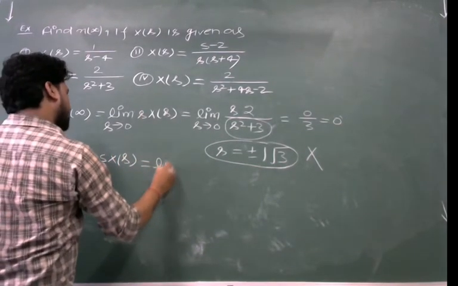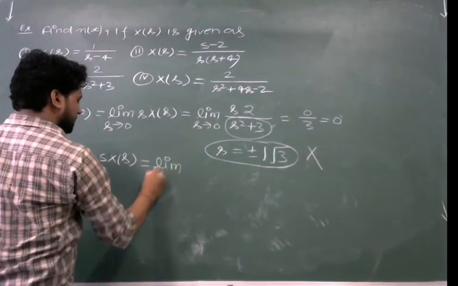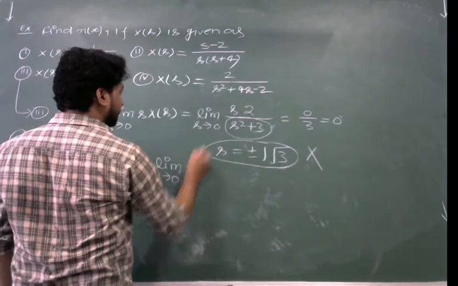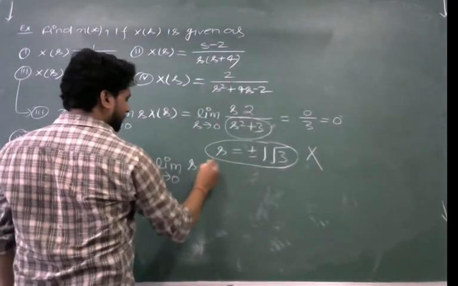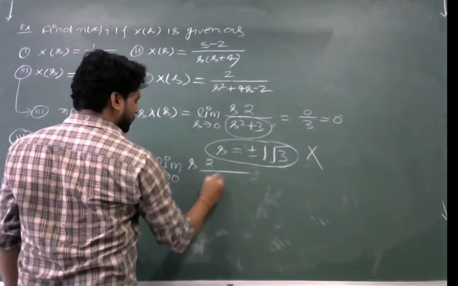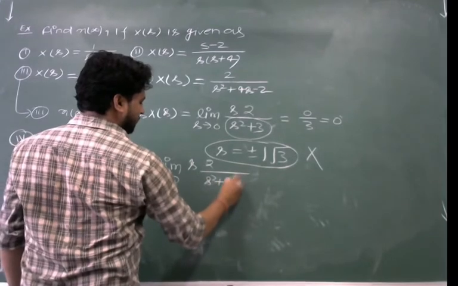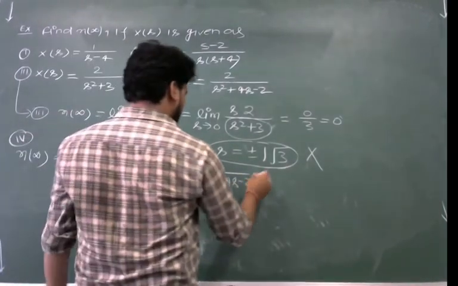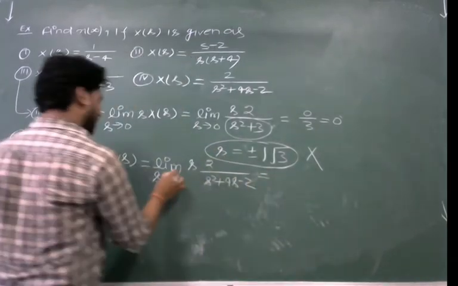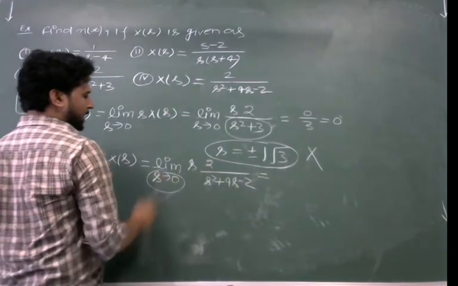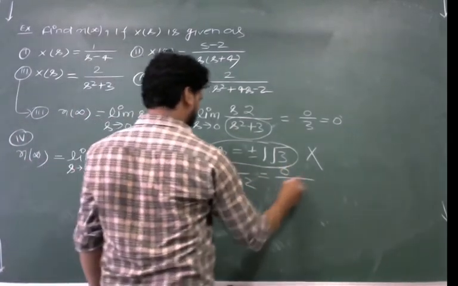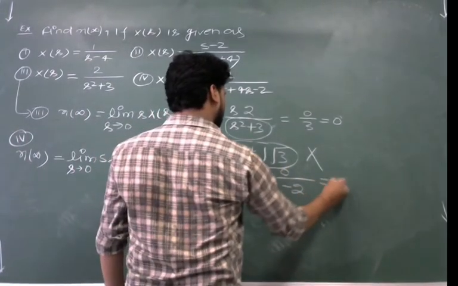X of s is given as 2 upon s square plus 4s minus 2. I can put the value of s equal to 0 directly in this relation, so this will become 0 by minus 2 will be equal to 0.